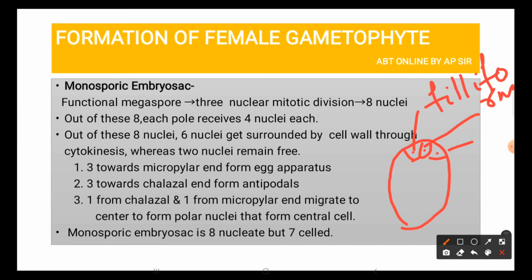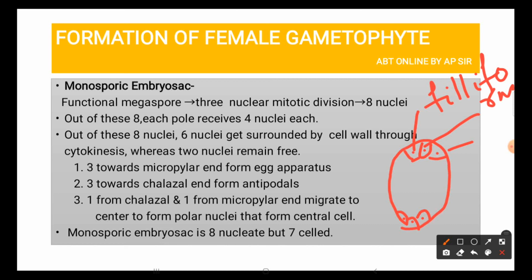Now, as far as antipodals are concerned, there are 3 antipodals at the chalazal end. These degenerate before or soon after fertilization. The antipodal cells only serve to provide nutrition to the proembryo.